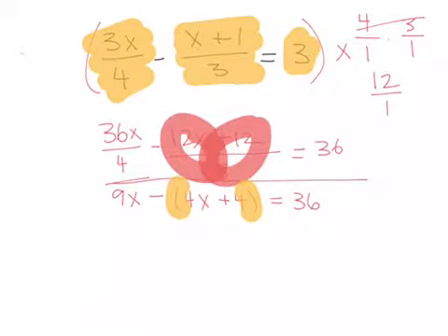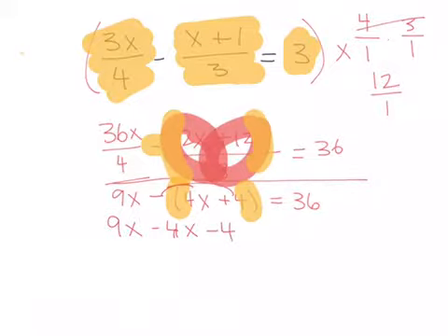The reason I did that is because this minus right here is going to this whole fraction. So I need to keep it going to that whole fraction. As I keep going, I then get 9x minus 4x minus 4, because that negative 1 is being distributed to both things.